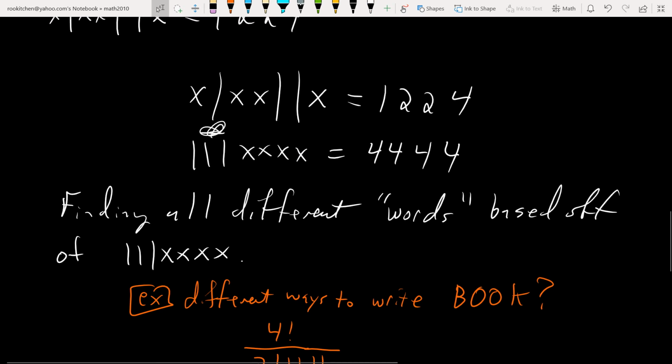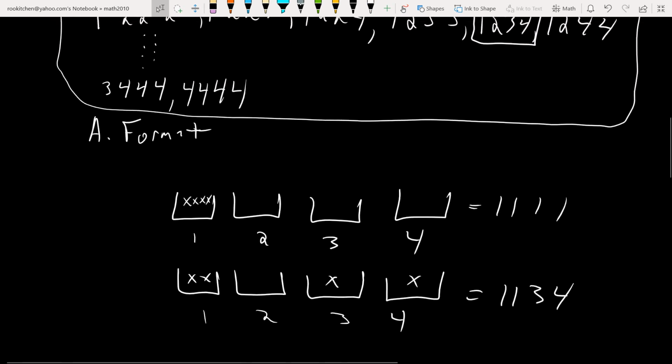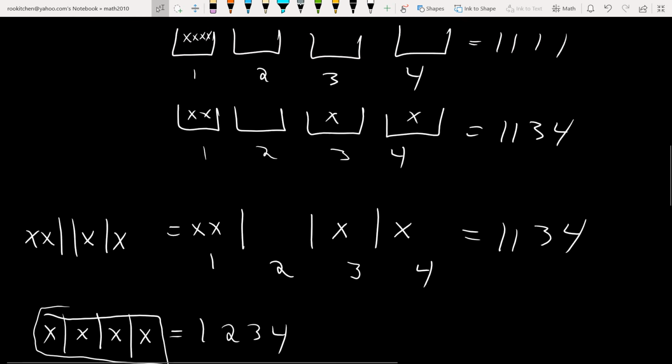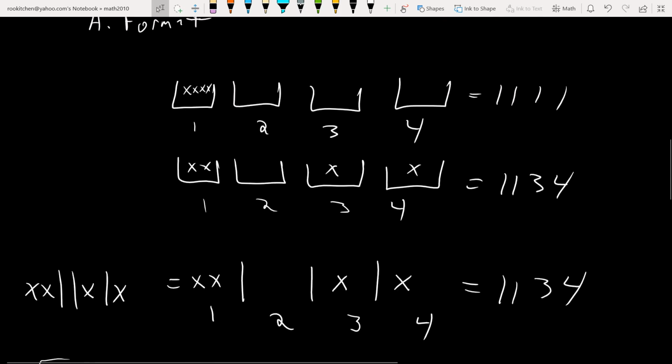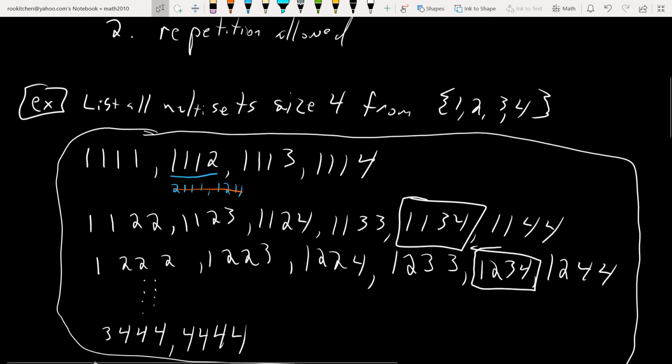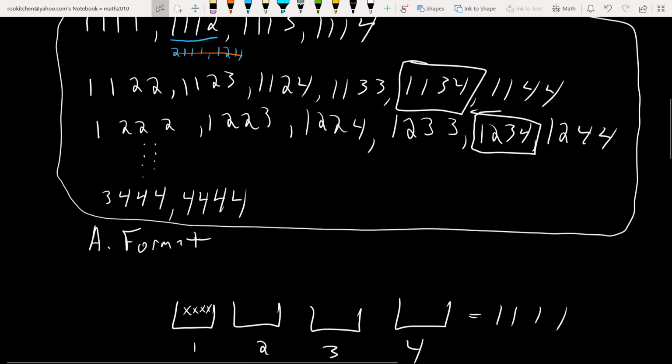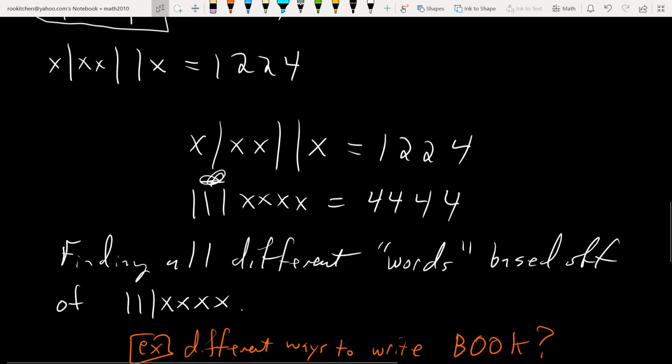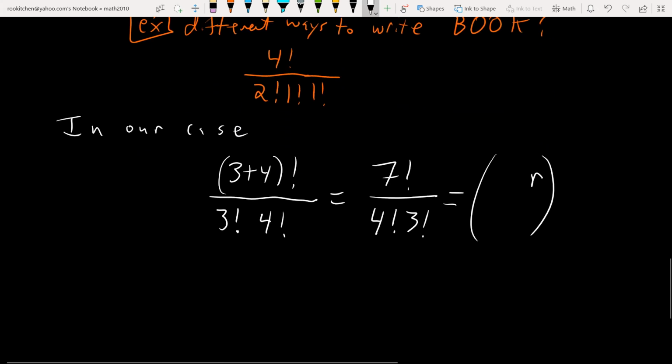And the number of slashes, the way we constructed it, is just 1 less than the number of boxes that we're putting in. The number of boxes is just the number of numbers in the set that we had, which was 4, and then we subtract 1, so we only had 3 slashes.